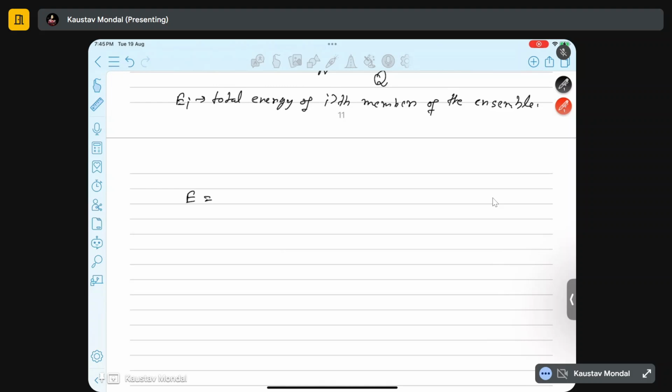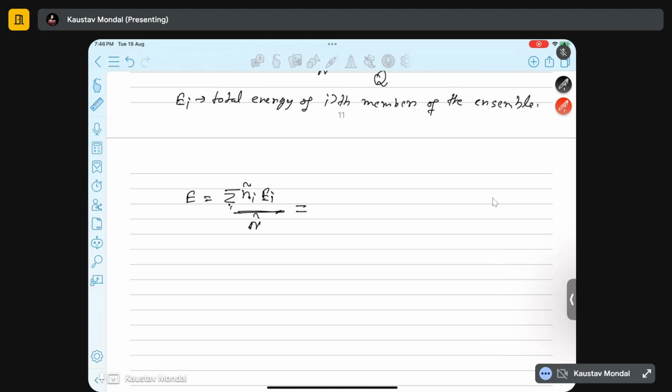So let's suppose ni members in the ensemble have the energy Ei. Then if you divide it by the total number of members in the ensemble, that basically gives you the average energy in each member of the ensemble.